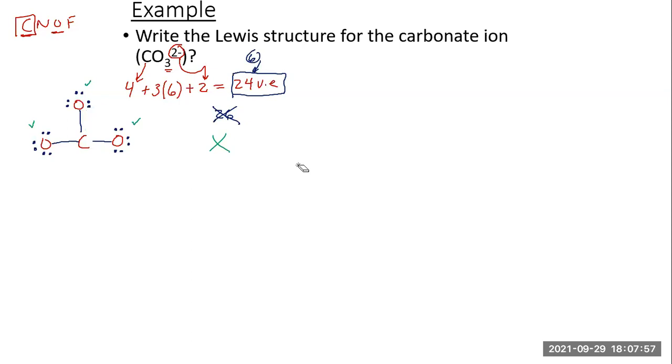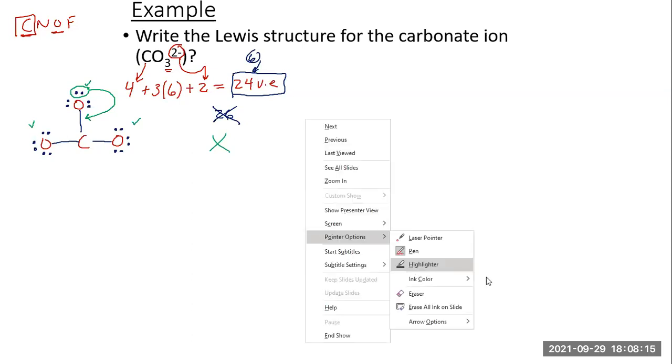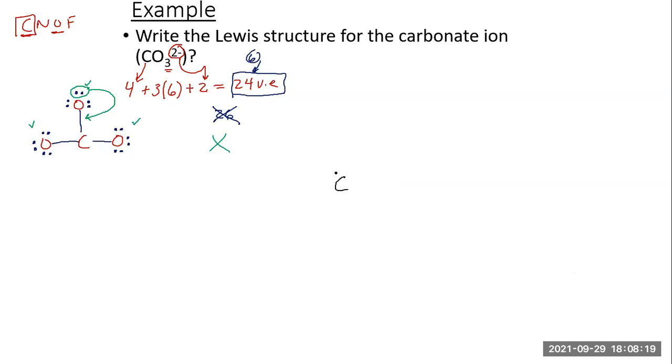So when we actually make a double bond, what we are actually going to be doing is taking a pair of electrons and basically moving them in to make the double bond. And the result of doing that will give us a structure. If we do it there on top of carbon, we will now move those electrons in to make the double bond.